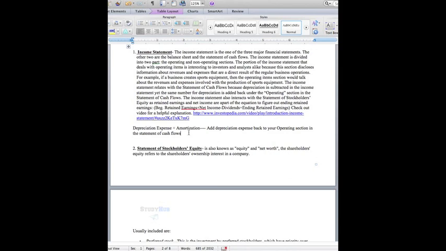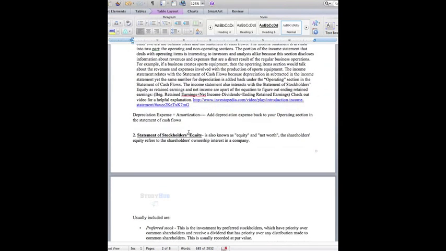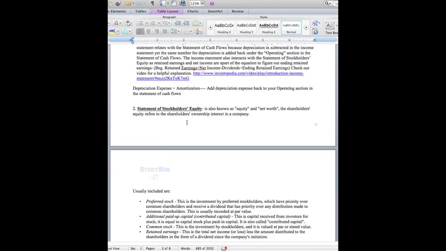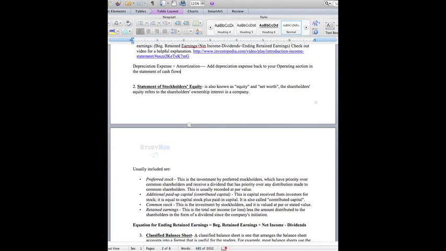So the statement of stockholders' equity, I just call it the equity of the company, essentially. What you really need to know is that there are two big parts. There's the stock, which comes in the form of common and preferred.